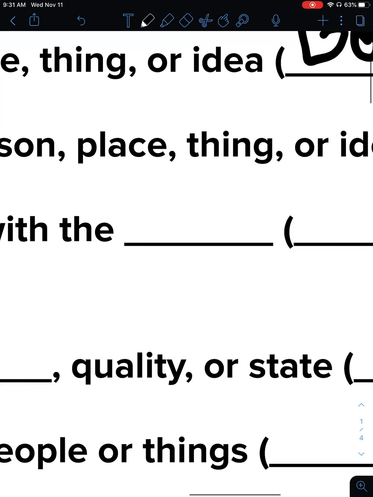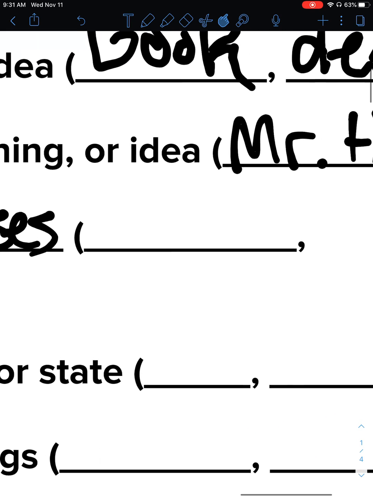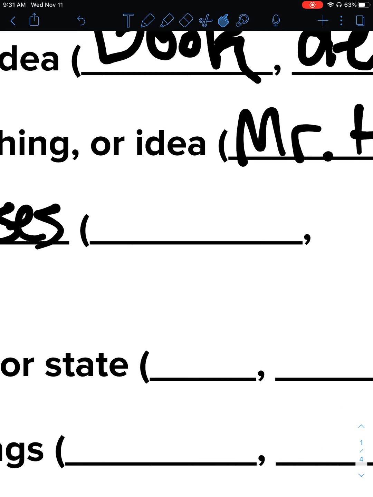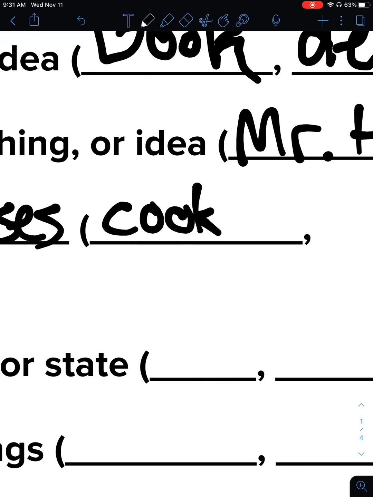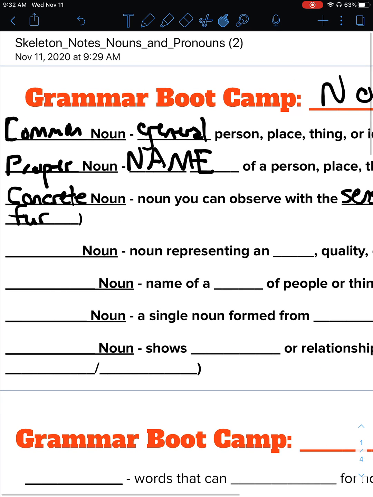So it's a noun that you can observe with the senses, and if you don't remember what the senses are, that's smell, touch, taste, hearing, or sight. I like to use the example of a cookie. I can taste a cookie. I can also feel fur, for example, on my dog. Okay, it's a noun you can observe with the senses.